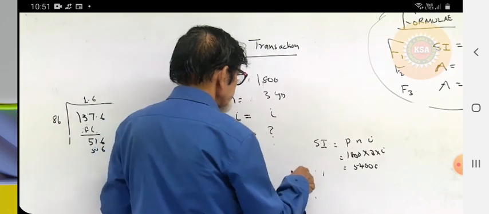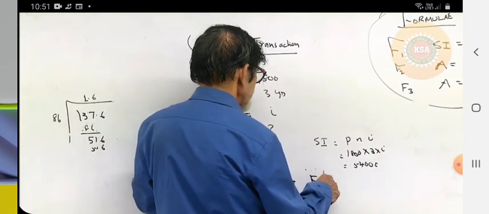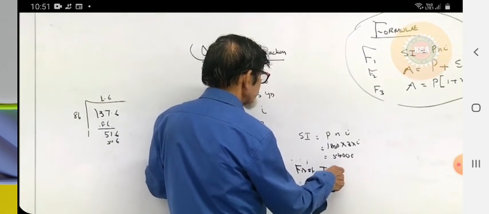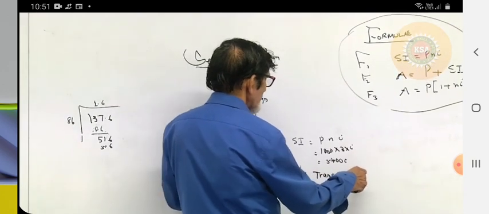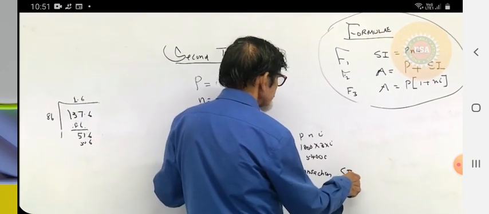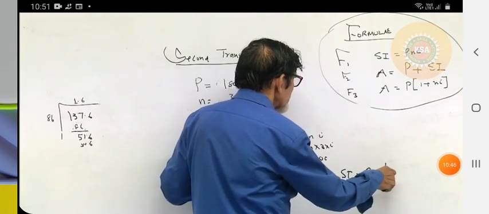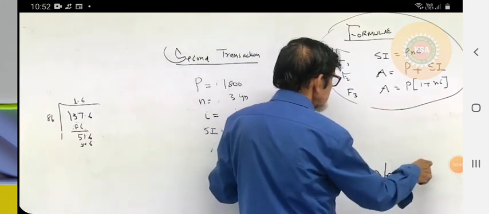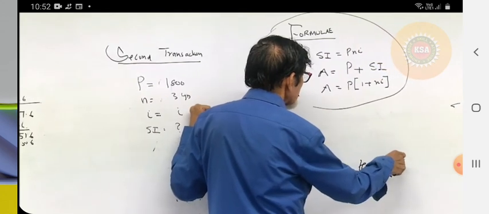Given: first transaction SI is equal to rupees 80 less than second transaction.